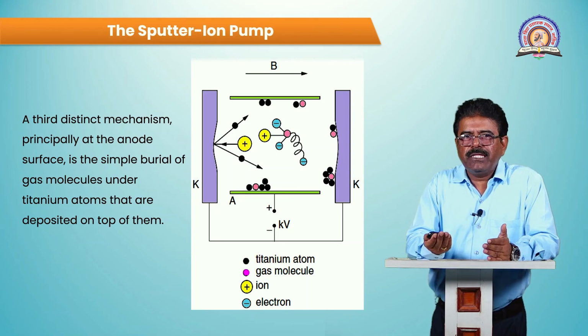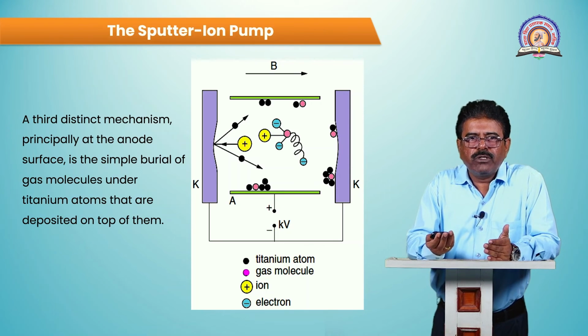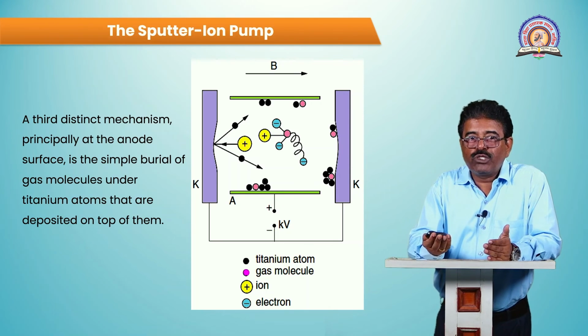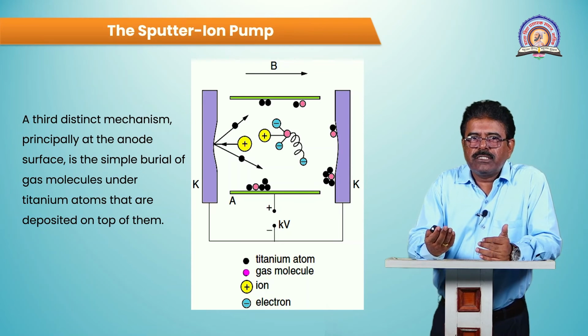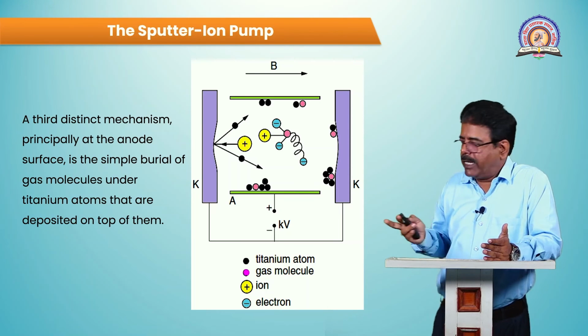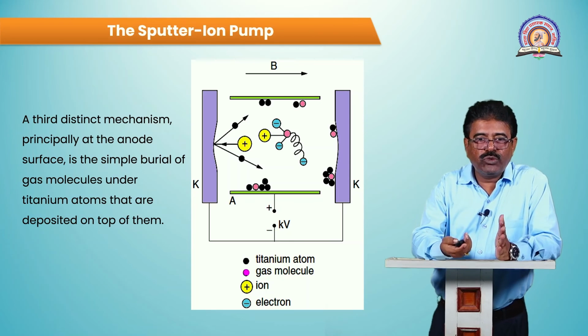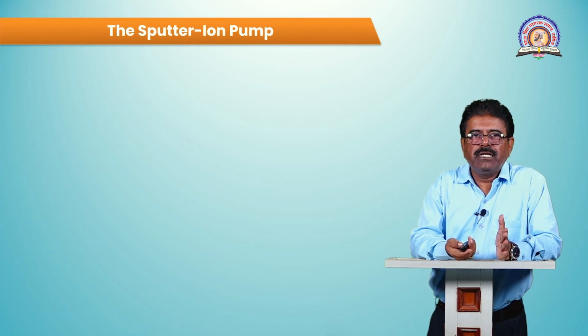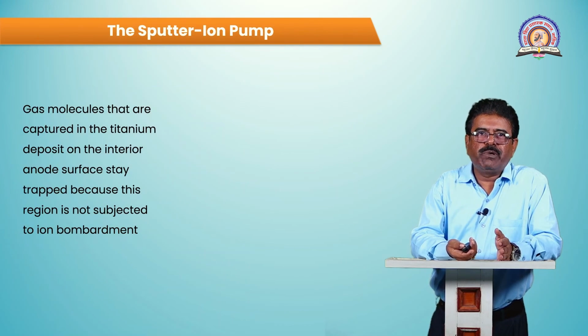The mechanism I was just talking about is principally at the anode surface: the simple burial of a gas molecule under the titanium atom. That is also one of the interesting features of this particular type of capture pump.